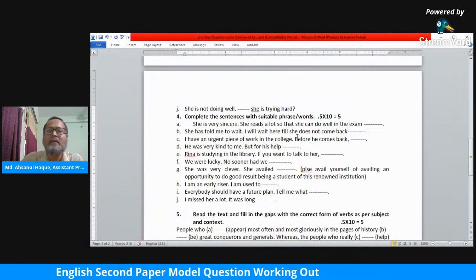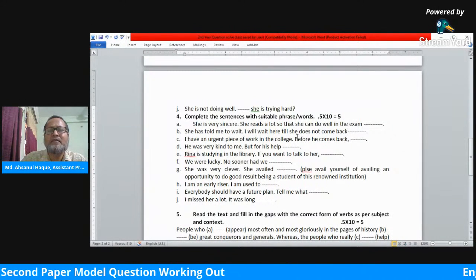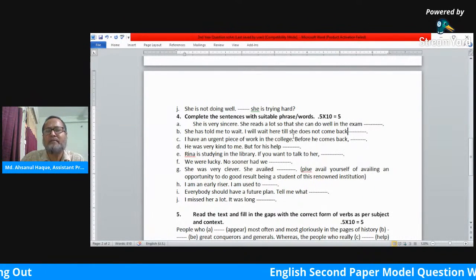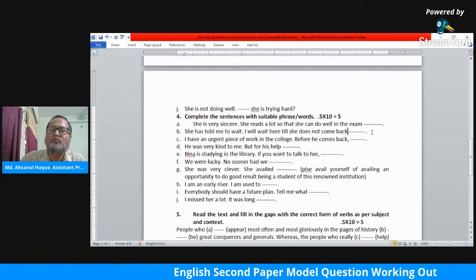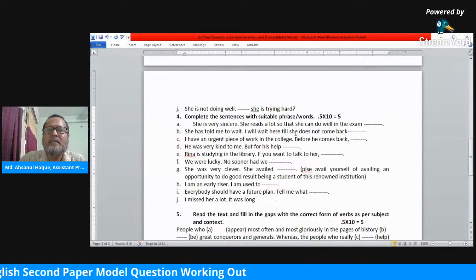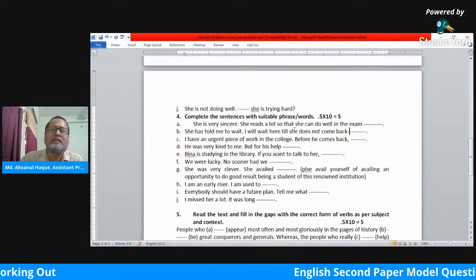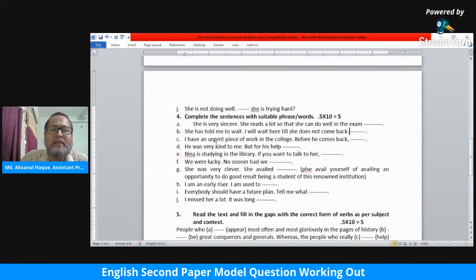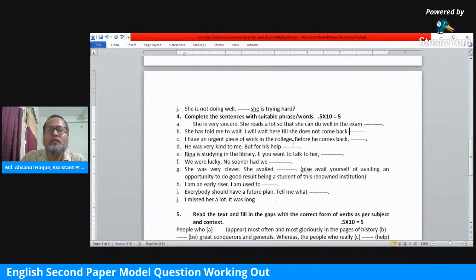I will wait here until she comes back, but till she does not come back. This is the difference. Keep it in mind. Number C, I have an urgent piece of work in the college.